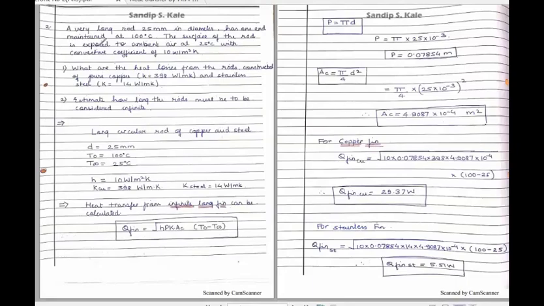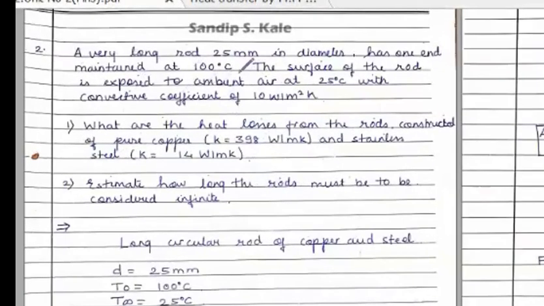So let's see what is given. I will read the statement. A long rod of 25 centimeter diameter is given, has one end maintained at 100 degrees centigrade. The surface of the rod is exposed to the ambient air at 25 degrees with a convective heat transfer coefficient of 10 watt per meter square Kelvin. So you have been asked two things.